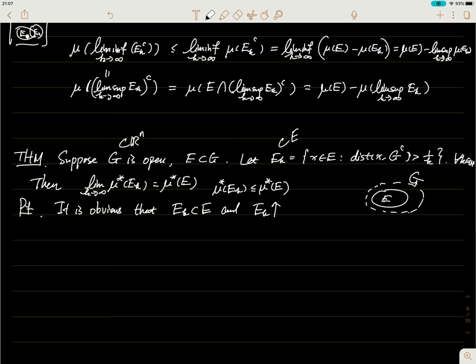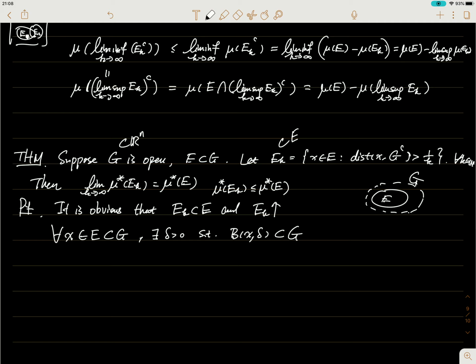The reason is, for any X in E, we know that E is a subset of G, so that means X is also in G. And because X is in G and G is open, there exists some delta such that the ball B(X, delta) is completely inside G. Okay, so that means any point in E will have some positive distance from G complement.